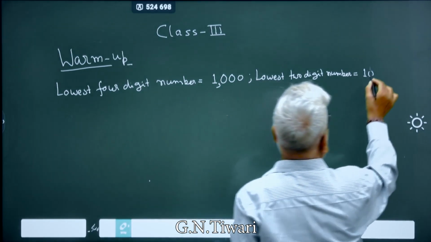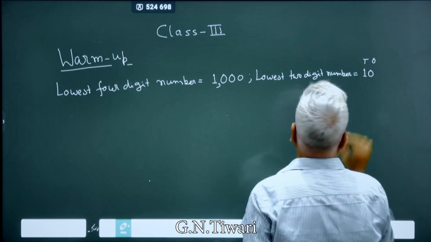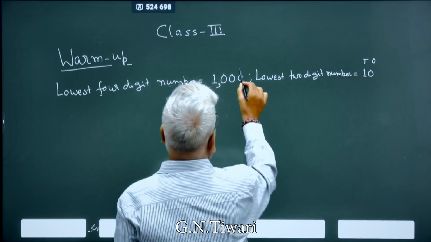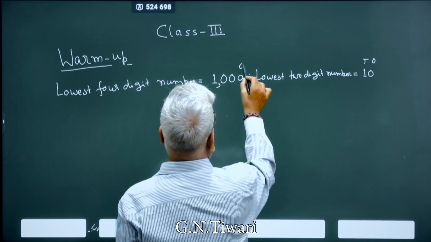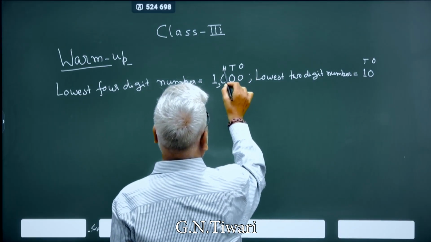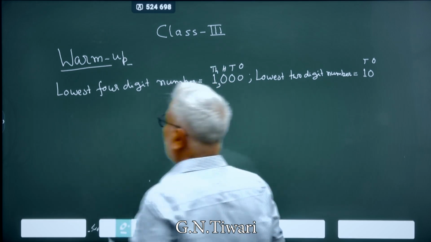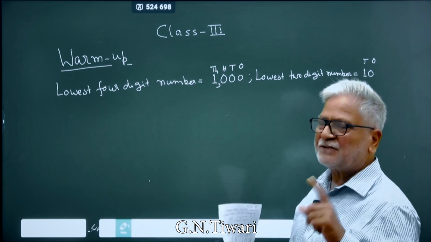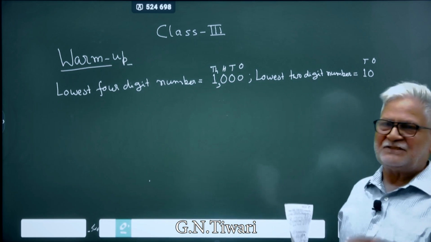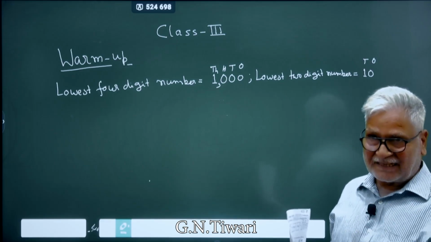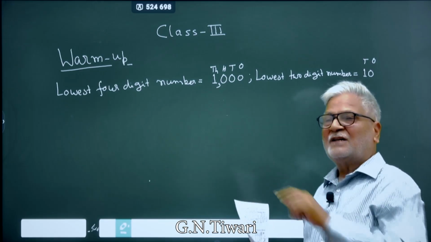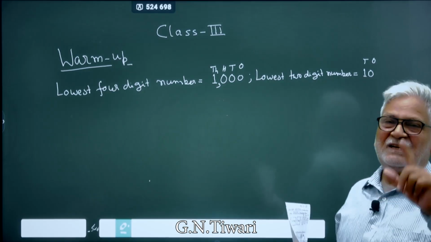And it becomes O T, tens. Here O T H T H. I am encouraging every student to write O T H T H till class 3. When you go to class 4, it will be TTH, lakh, 10 lakh.